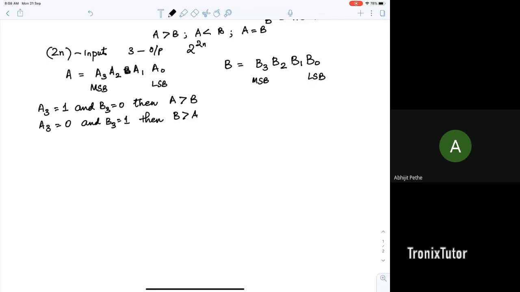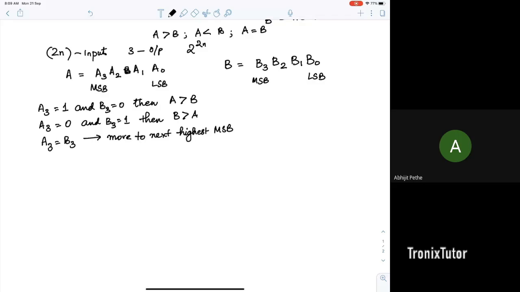So the first thing I do is compare the MSBs. If the MSBs already give me the answer, I don't need to do any more processing. I need to move to the second MSB only when A3 is equal to B3.